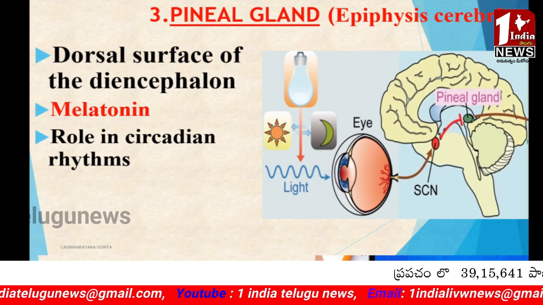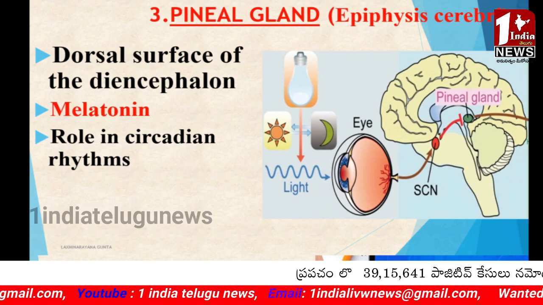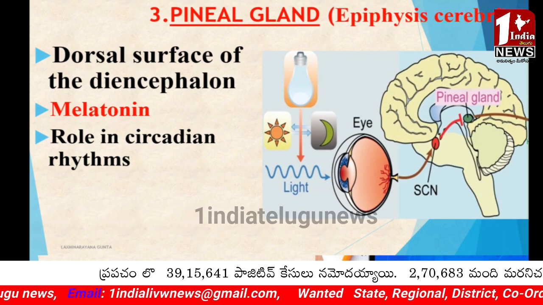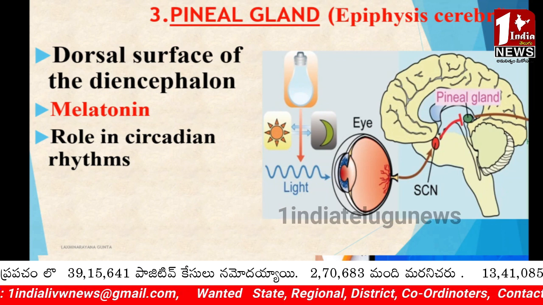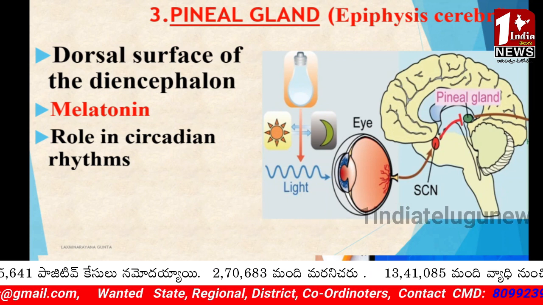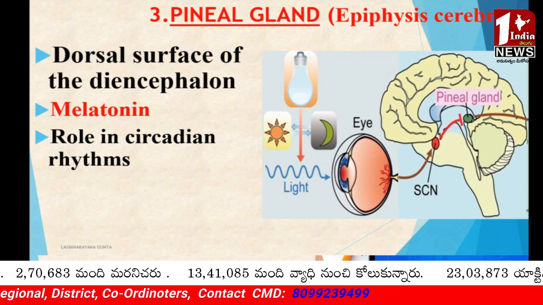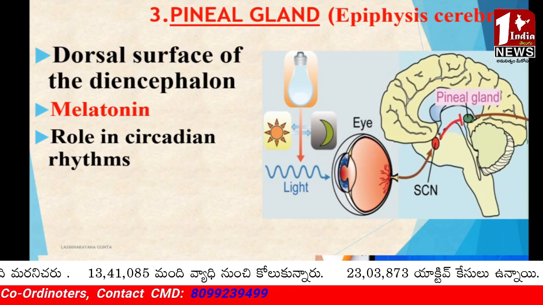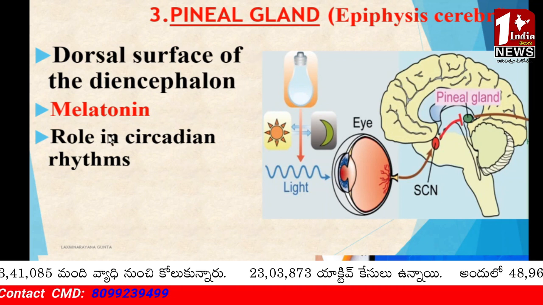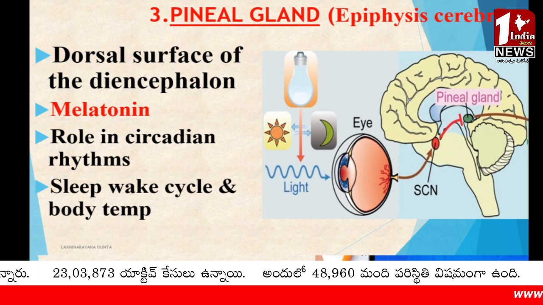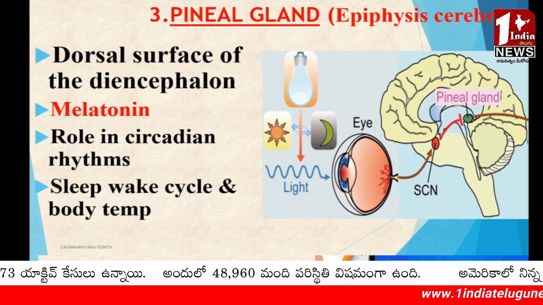Here we may confuse it with MSH, melanocyte stimulating hormone, which is secreted by the pars intermedia and is responsible for the darkening of hair. Melatonin is different from melanocyte stimulating hormone. Melatonin has an important role in circadian rhythms, sleep and wake cycles, and body temperature.